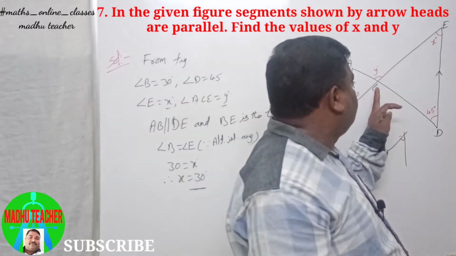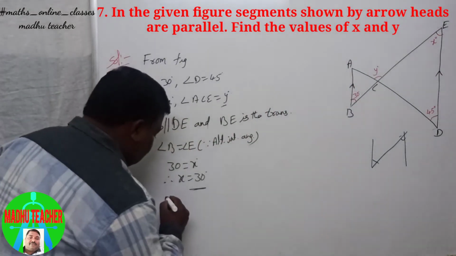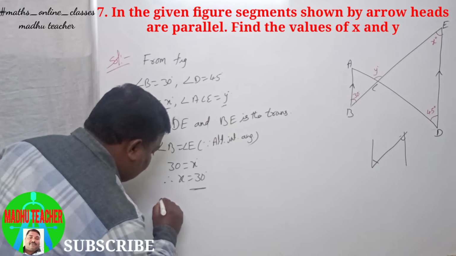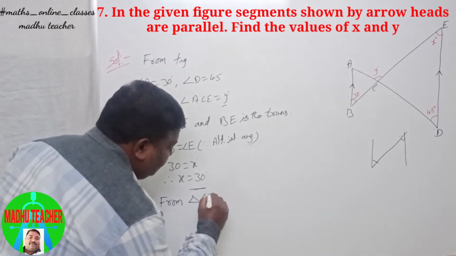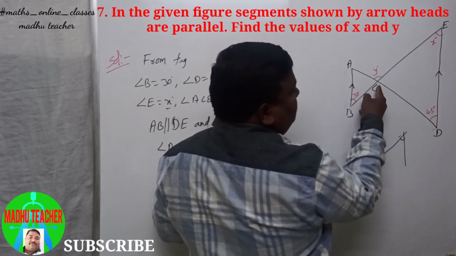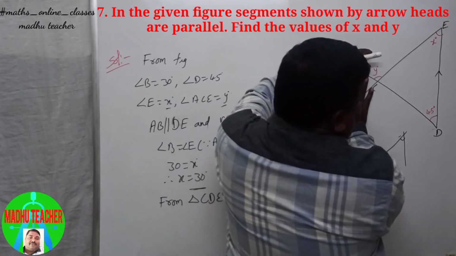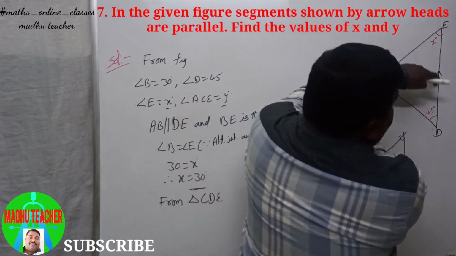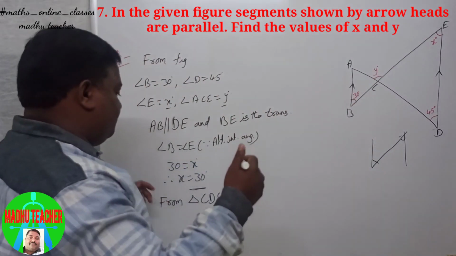Next, I am taking triangle CDE. DC is extended to A. Therefore y is the exterior angle and these two are the opposite interior angles to y.